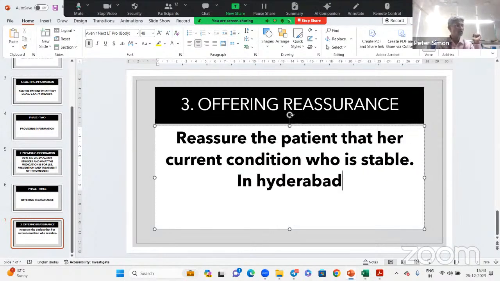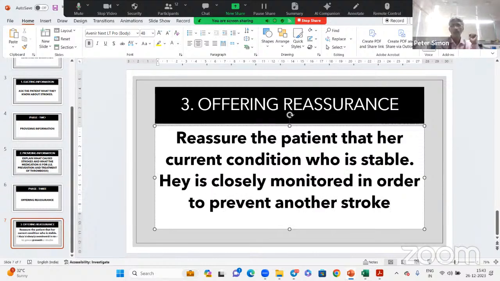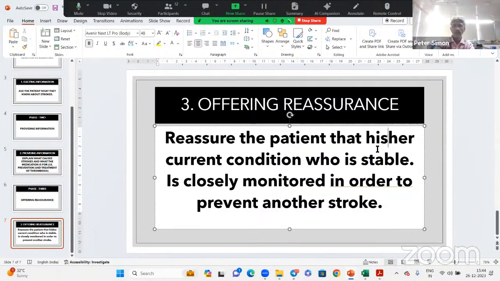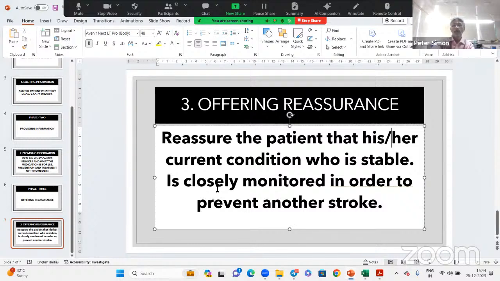Emphasize the patient of the doctor's orders to have regular blood tests, which will ensure he is closely monitored in order to prevent another stroke. So reassure the patient that her current condition is stable.